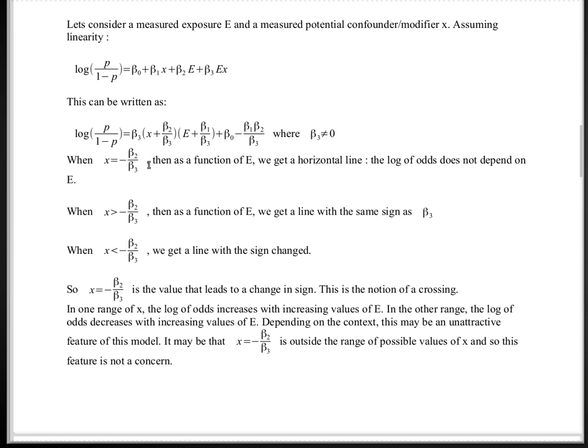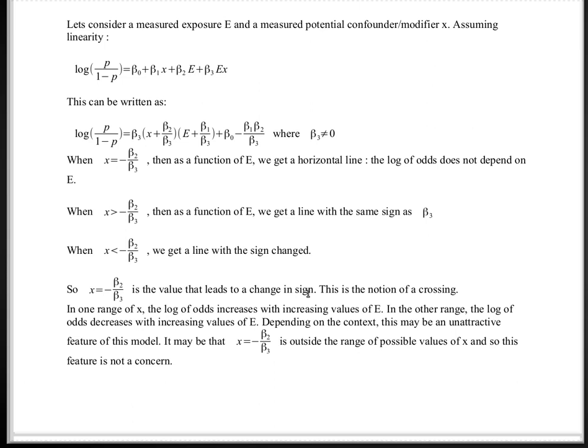So all of the parts to this, as I alluded to before, have interpretations in terms of the rising and the falling of slopes, the rising and the falling of lines. Okay? We see that at the crossing, we get a change in sign of a characteristic that can be important to us.